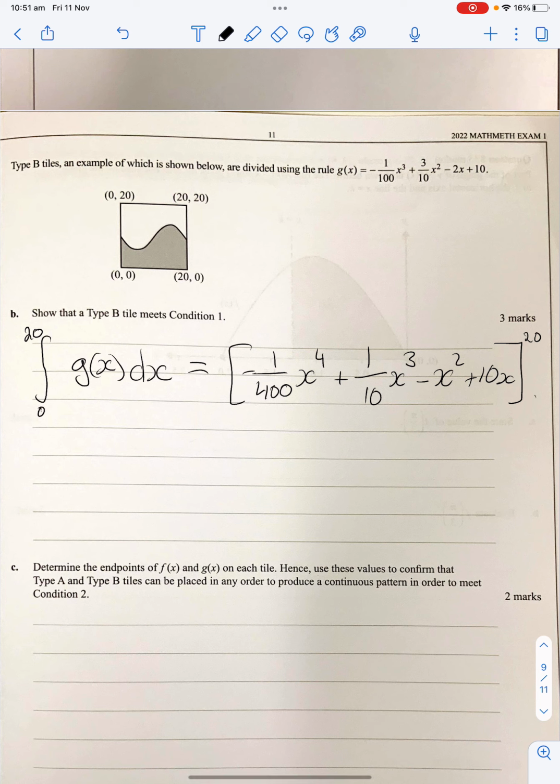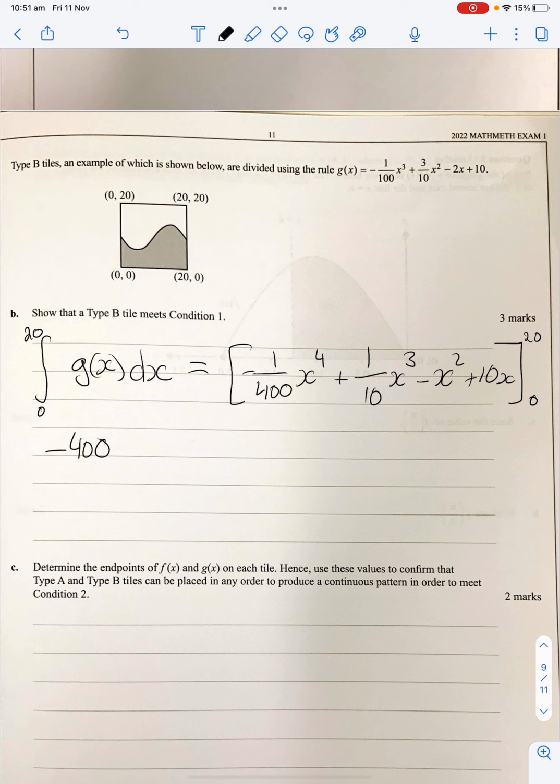From 20 to 0. The 0 is very easy. We can sub that in, everything will be 0. So we sub in the 20. Now 20 squared is 400. So the 400s will cancel, and I'm left with 20 squared again, which is negative 400.